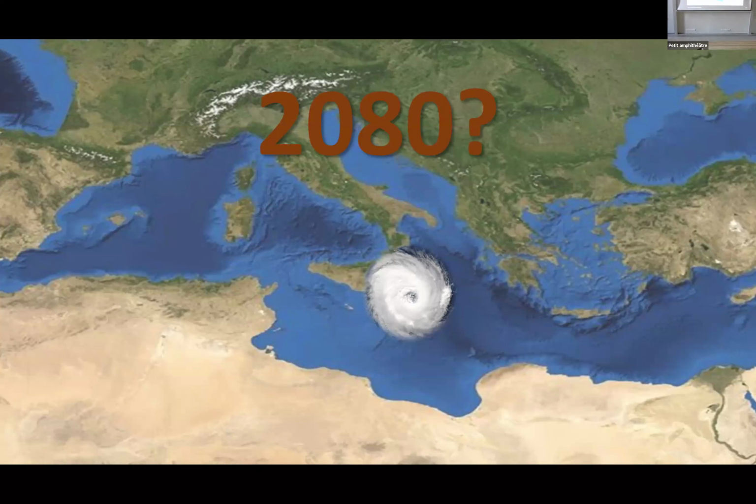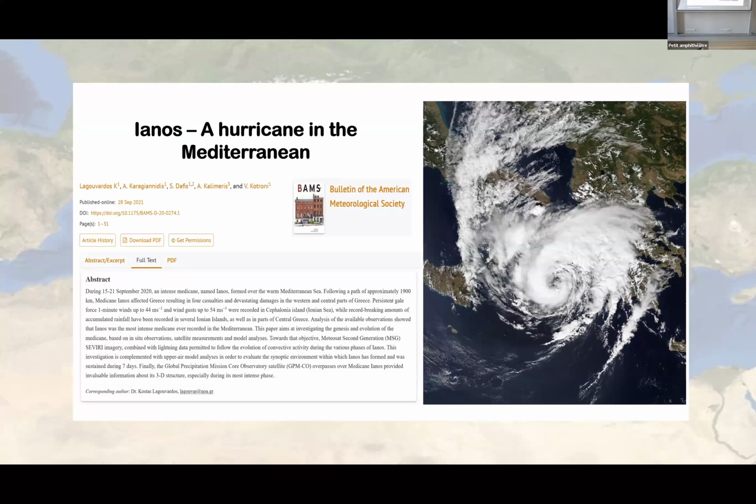But this was before Llanos, and then Llanos came up. You can see the similarities, and Llanos was an event in September. It's the kind of event that the model was saying could be more prevalent in the activity.